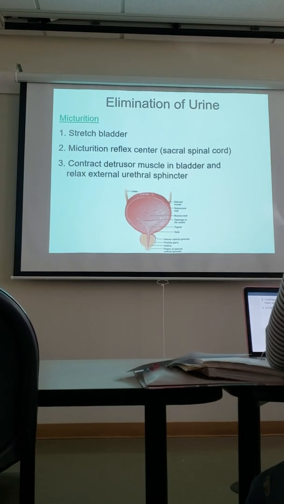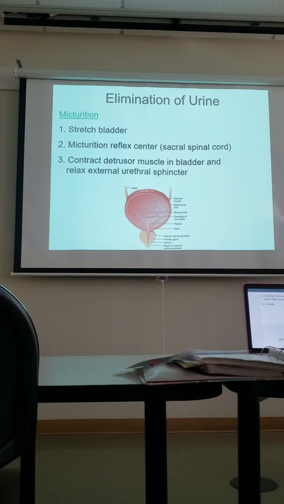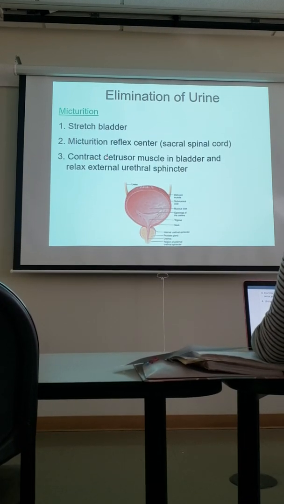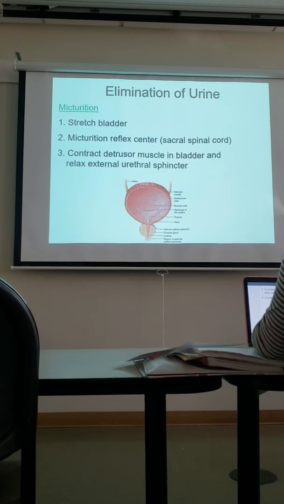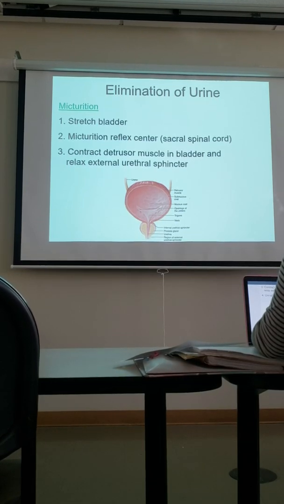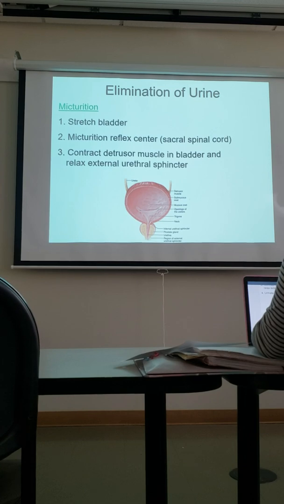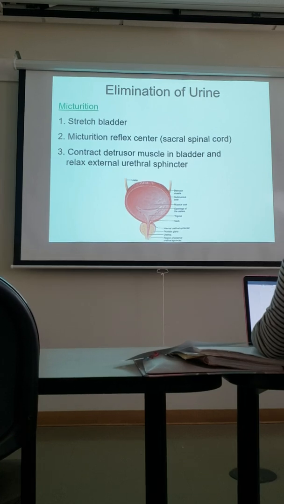Voluntary. Voluntary, yes. So even if the reflex gets initiated and you go to contract the detrusor muscle, you'll feel the pressure. But as long as you voluntarily say, no, it's not time to go, you're going to keep this urethral sphincter contracted. It's like a circular muscle. If you contract it, it's closed.